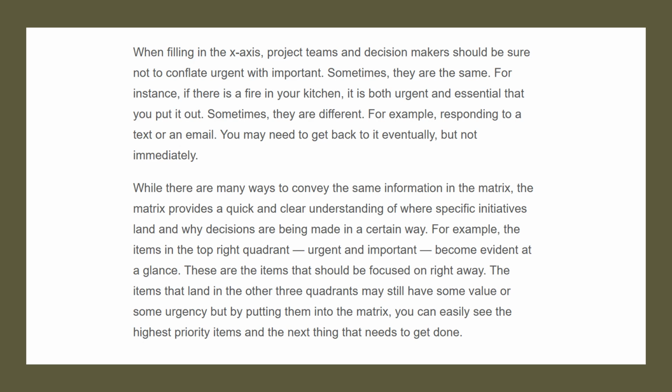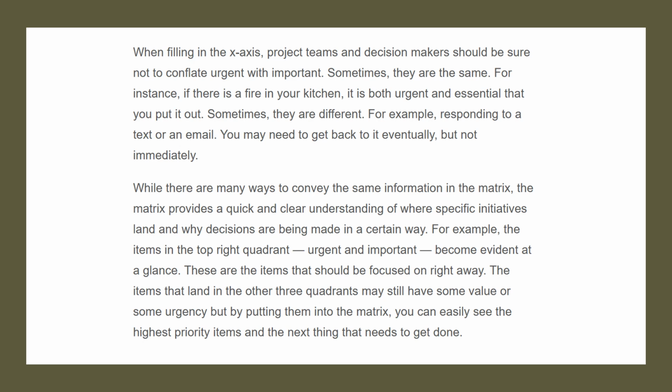While there are many ways to convey the same information in the matrix, the matrix provides a quick and clear understanding of where specific initiatives land and why decisions are being made in a certain way. For example, the items in the top right quadrant, which are most urgent and most important, become evident at a glance.